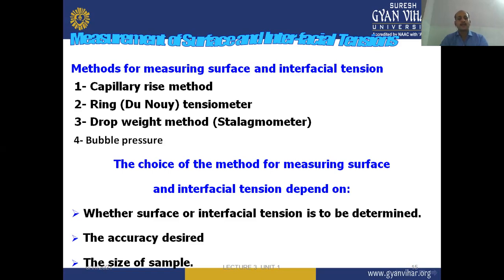Then the accuracy desired. So what level of accuracy is required in our sample determination, it also affects the choice of the method. And the third factor is the size of the sample. So the size of the sample is also a very important criterion for selection of a particular method for measurement of surface and interfacial tension.